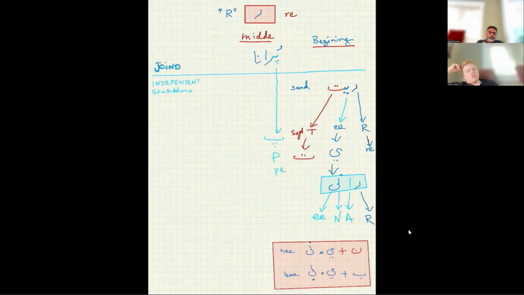And then, of course, we have the R. And then we have the Aleph or the A sound. And then we have the Noon, the N sound.